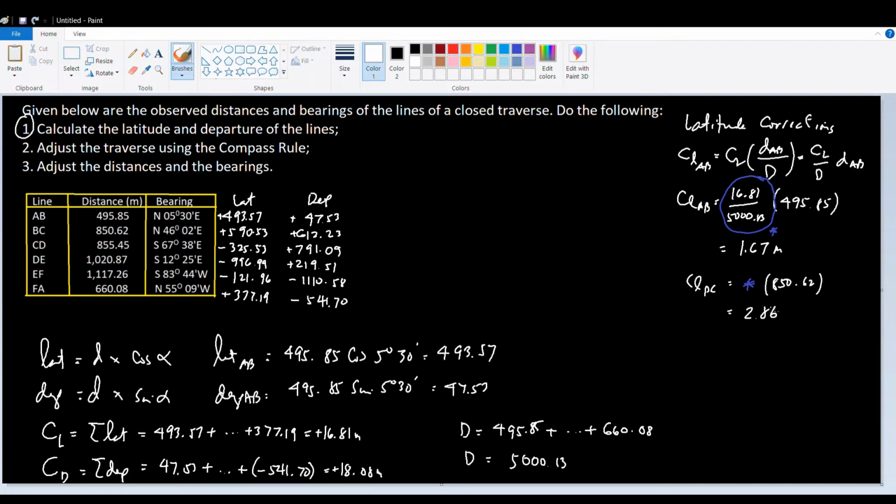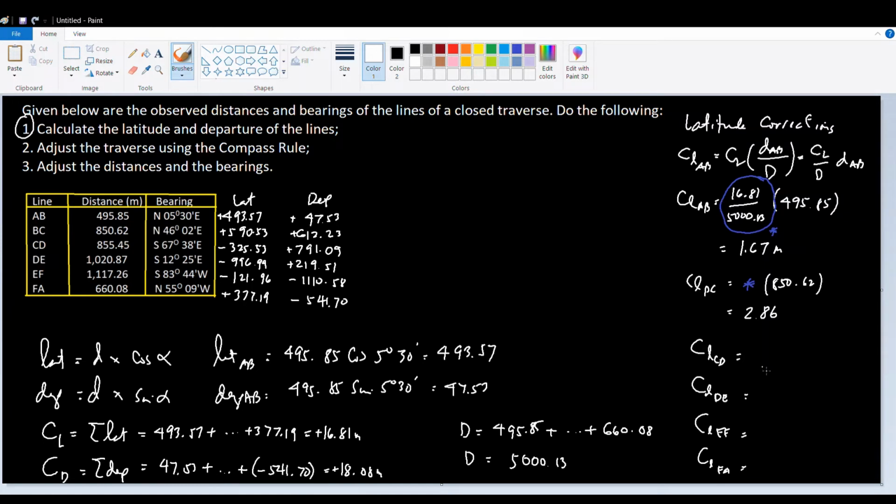Again, you can check these values now by using your calculator. So we can do that for the rest. CL of CD, CL of DE, CL of EF, and CL of FA.